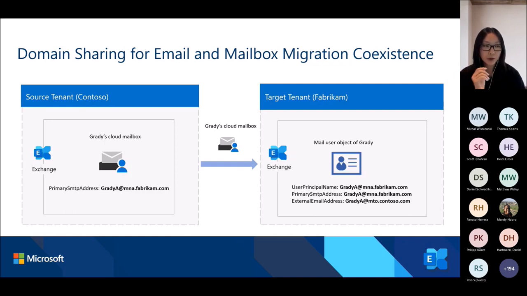For example, before you migrate Grady's mailbox, you need to configure the routing objects and make sure the UPN and the primary SMTP address for the mail user in the target tenant are the shared domain email address. And then the external email address is the routing address of Grady's mailbox. On another note, if you're migrating a mailbox in the other direction, from Fabraham to Contoso, you don't need to configure mail users. All you need to do is create them in Fabraham, just like what you would do for a regular mailbox migration.